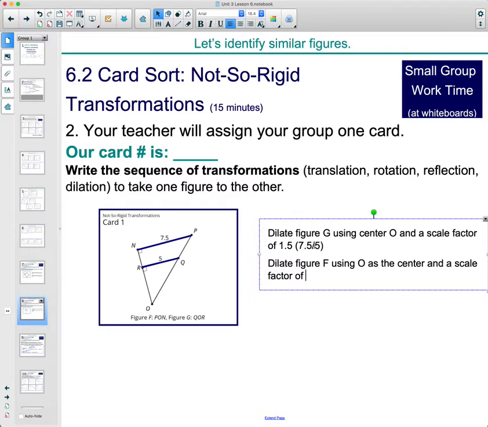Okay, so now you would be doing 5 divided by 7.5, okay, and get 0.666 repeating, okay, which is a fraction of 2/3. Okay, or again, the way that you did that in your calculator was 5 divided by 7.5. So what you're trying to get to divided by what you have, so that we can dilate it down.